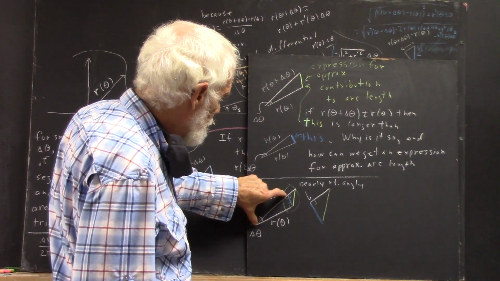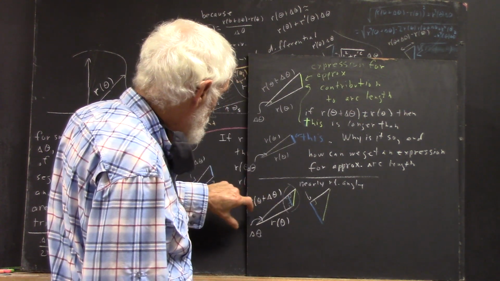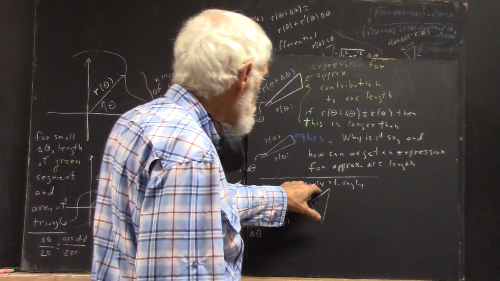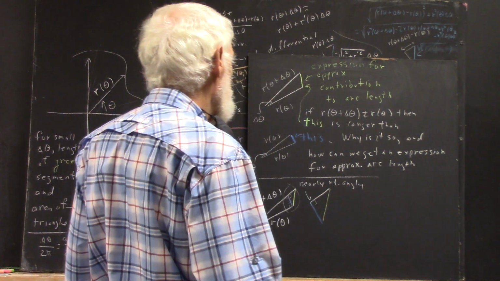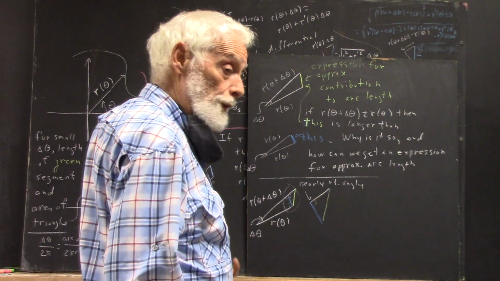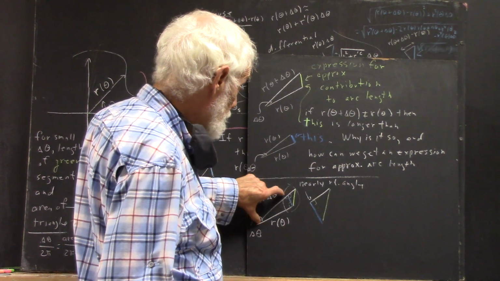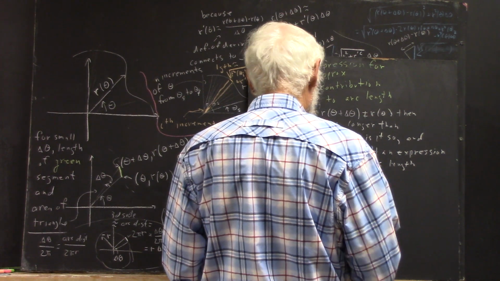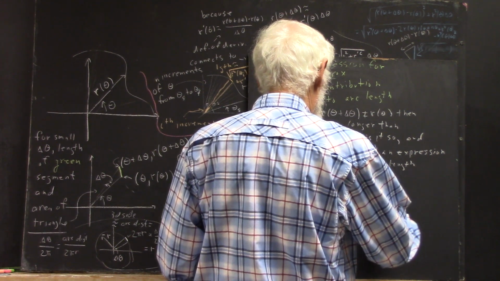This distance is r of theta plus delta theta, so that this leg is r of theta plus delta theta minus r of theta. It's a difference between this and this. So I'd better draw this bigger again so I have room to label it.